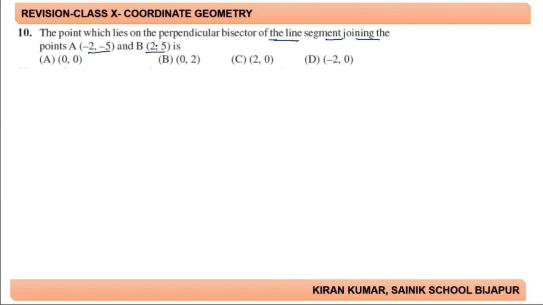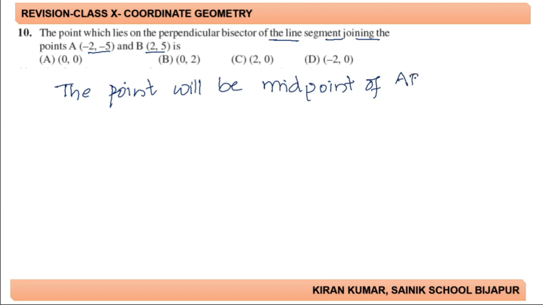They have given the perpendicular bisector, so it means that the point will be the midpoint of the line segment joining points A and B.